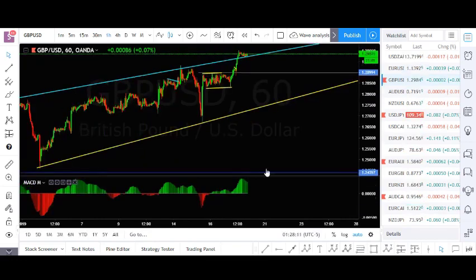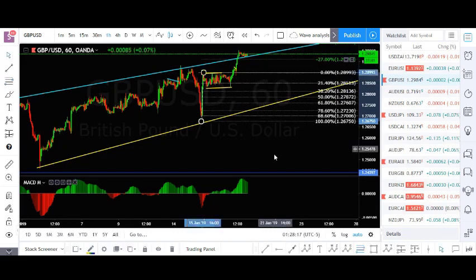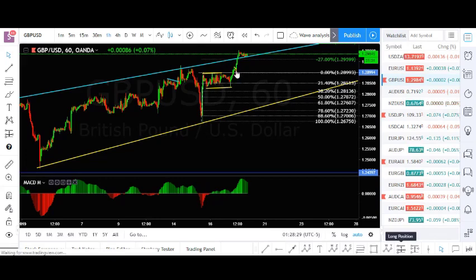let's take this small impulse move here. Let's fib it. So we know that we are going to be trading the majority of the time to the 27%. So now you can take your little long position tool over here that you have on TradingView, and then you can go and measure it.